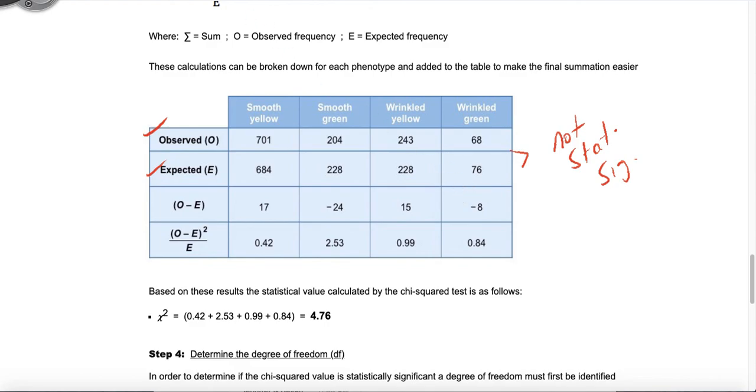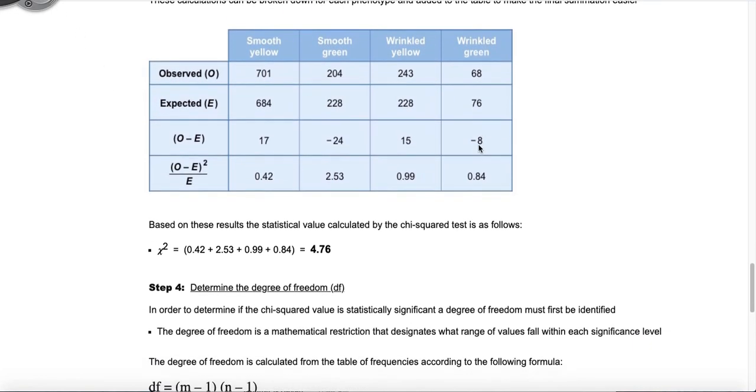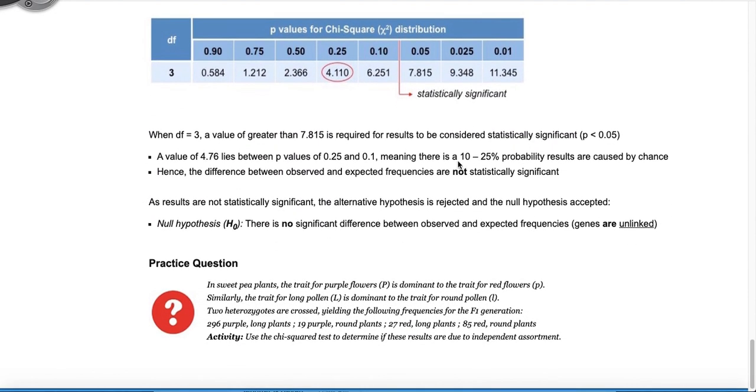Okay, so in this particular experiment, if I get the same results as Mendel, then I can say that in this particular case, there is no significant difference between observed and expected frequencies, and my genes are unlinked. So that means that the dihybrid cross that I conducted is similar to what Mendel conducted, right? And remember that Mendel looked at unlinked genes.